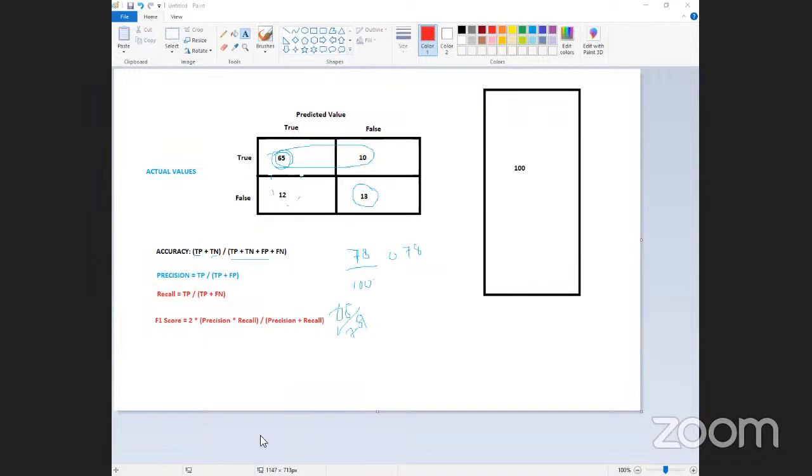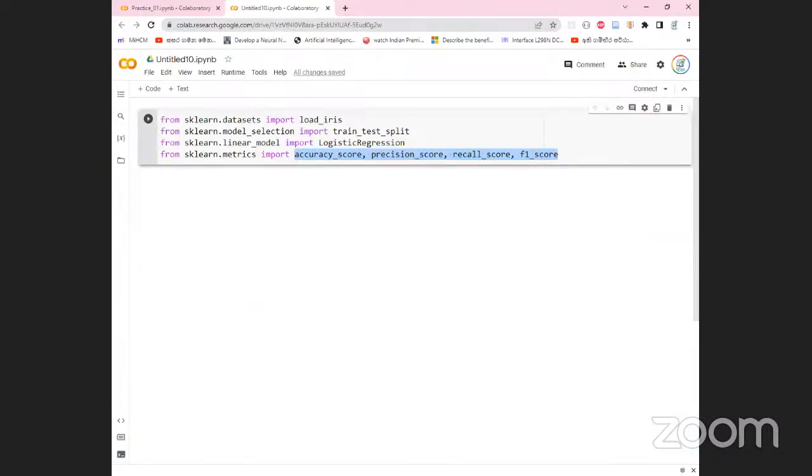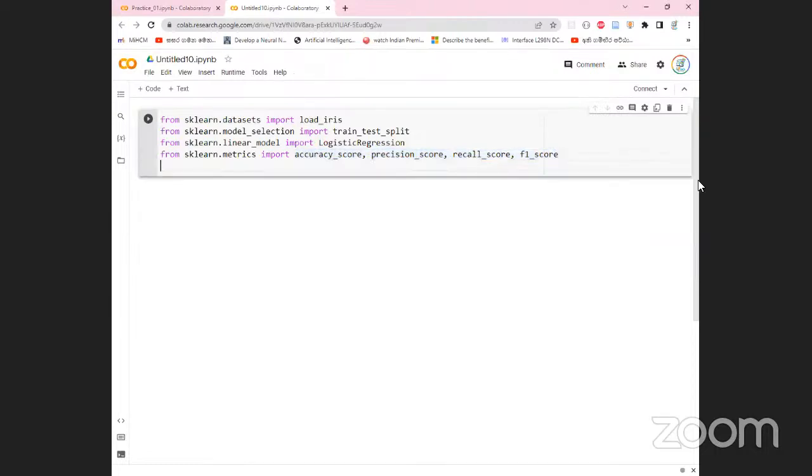For the practical, we have imported the model, and finally we need to use cross validation. These are the libraries that we need for our practical today. We run and see whether it is working properly.